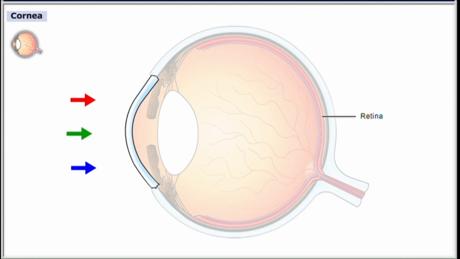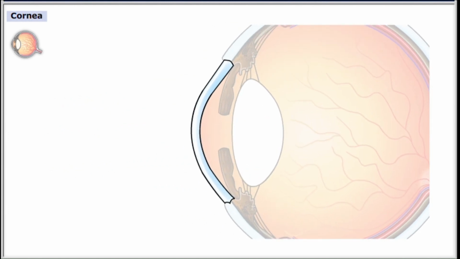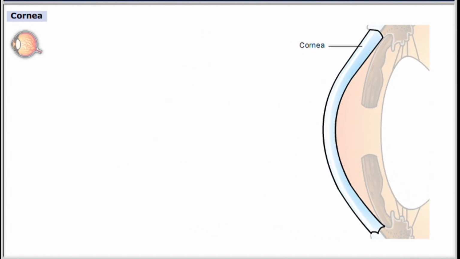The cornea behaves as a converging, or positive-powered, lens, converging the incident light rays through the pupil towards the retina. Corneal refractive power is attributable to its deep elliptical shape and the relatively large difference between its refractive index, which is 1.376, and that of air, which is 1.